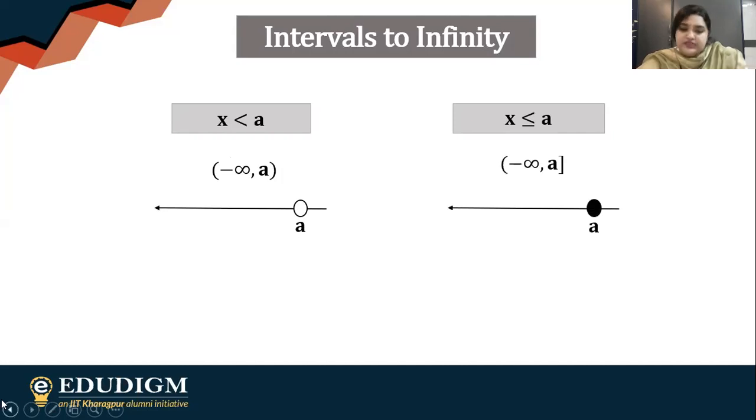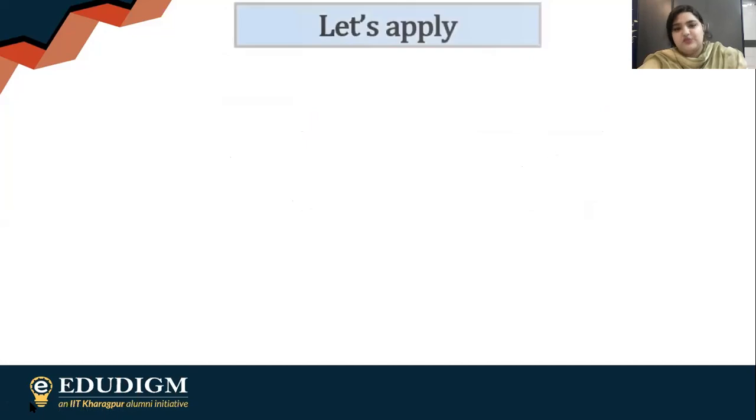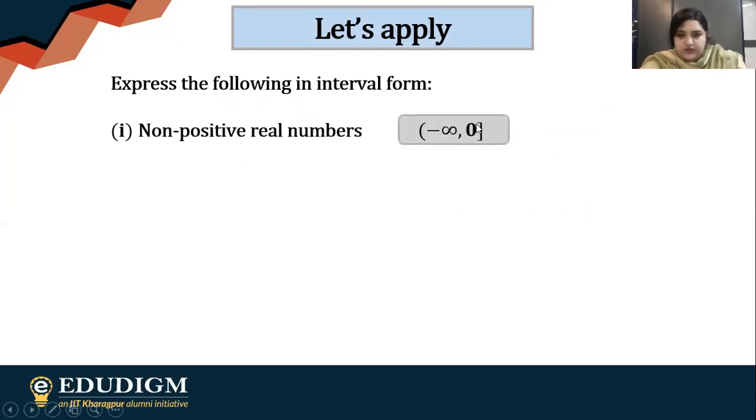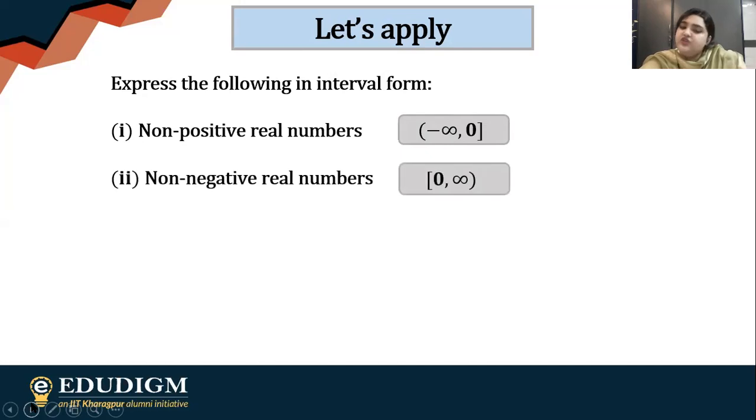So I hope you understand the concepts of intervals. Now, let's see some examples so that you understand how we can write down some basic set builder forms in terms of this. Non-positive real numbers: you get all the possible values which are either 0 or negative, so 0 is included. But if I talk about non-negative, you include 0 as well as all the positive real numbers.